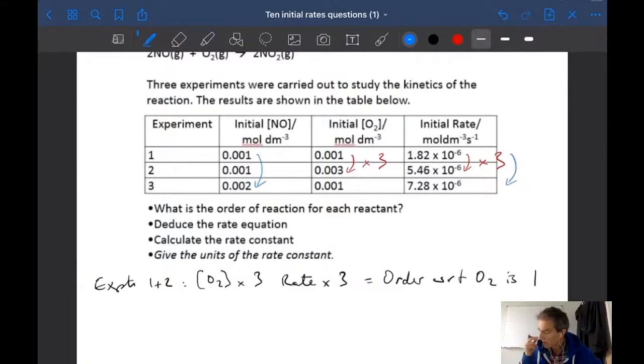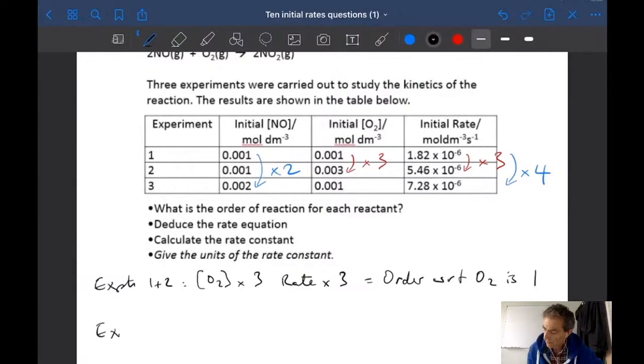Big number divided by small number, that's a 4-fold increase. So when the NO has been doubled, the initial rate has gone up by 4, that's 2 to the power 2. The power 2 is the order. So it's second order with respect to NO.